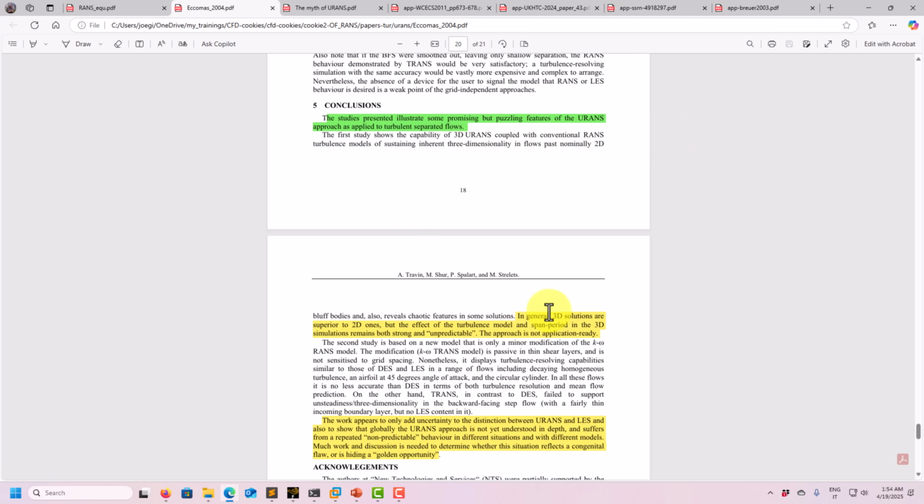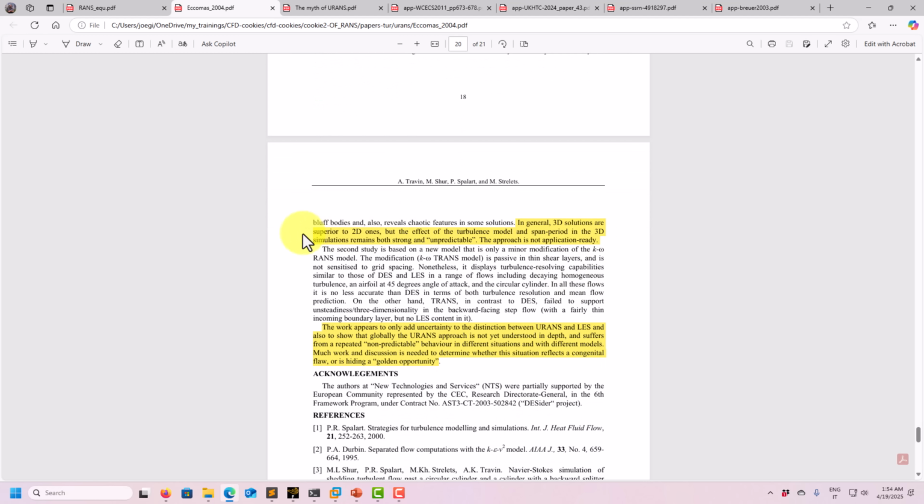Okay, so I mentioned here in general 3D solutions are superior to 2D ones. Very important also, they have found, and personally speaking also, it's better to go 3D than 2D. And one thing is that 2D tends to be very energetic, and that can be one of the reasons why you are not capturing the right behavior or you have some strange behavior.